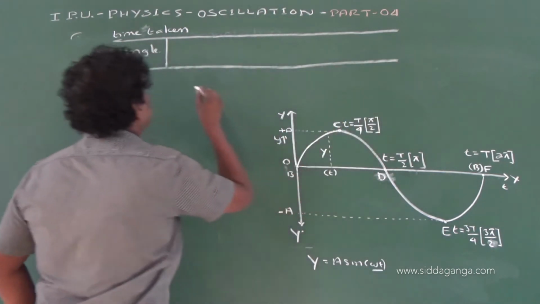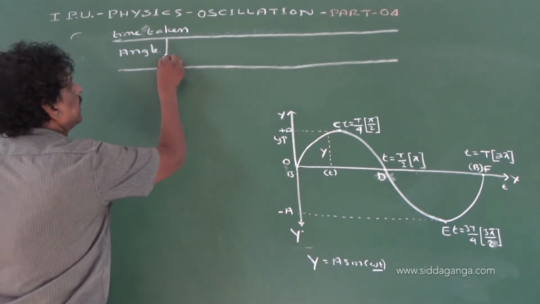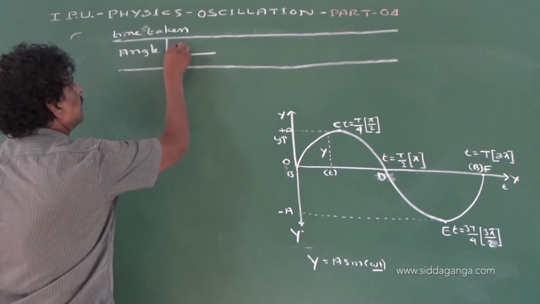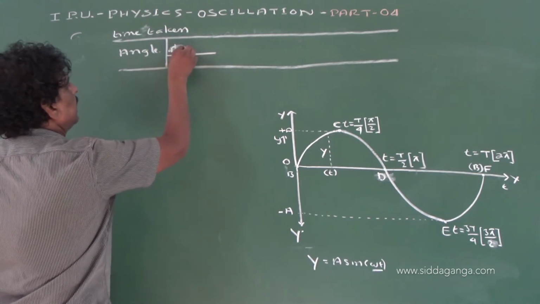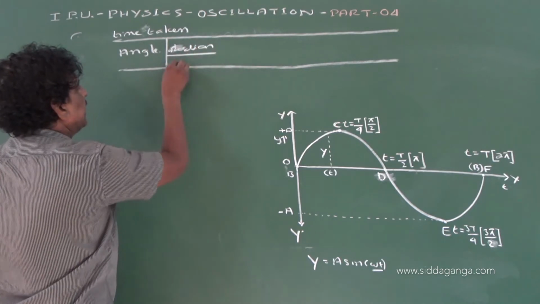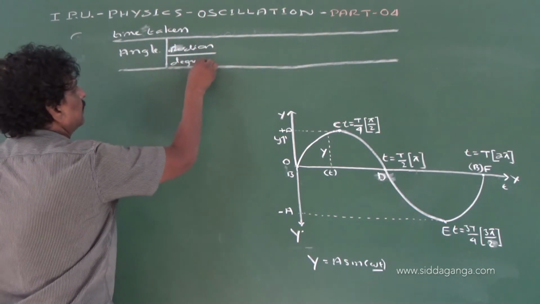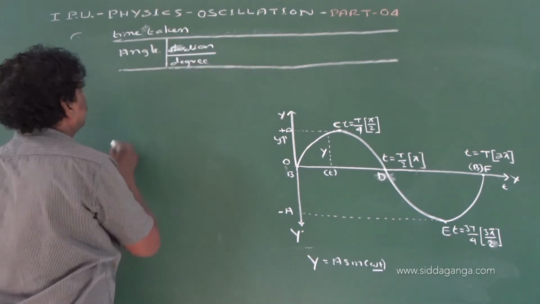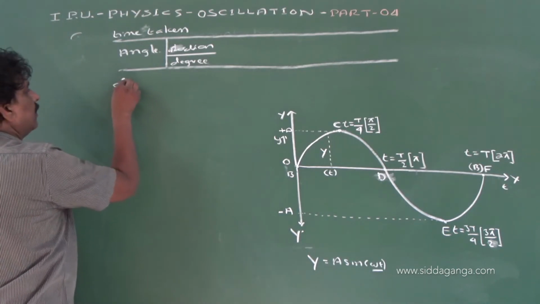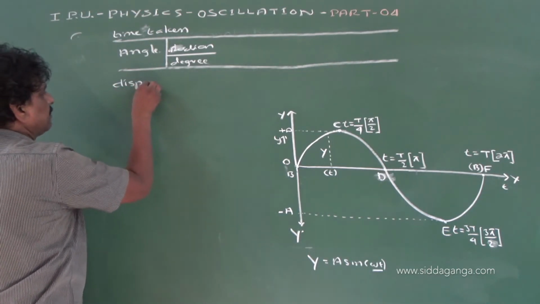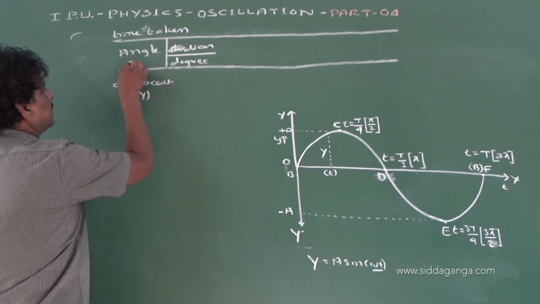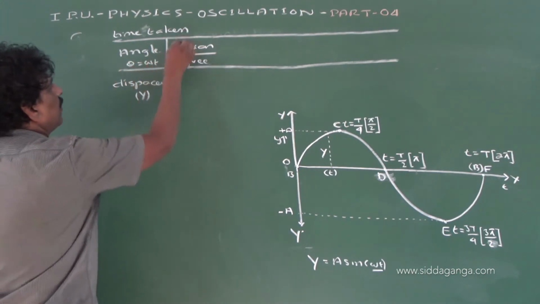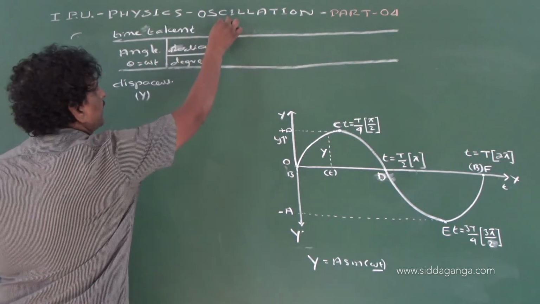This angle covered we can take in radian and in degree. Now the displacement is y, this theta is equal to omega t, this is t.